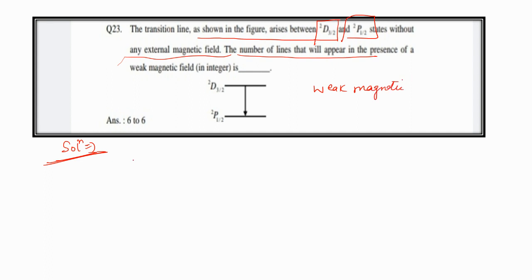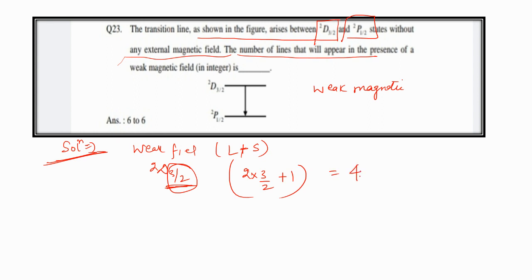Yes, yes. The reason being, I'll tell you. So see, yes, because in weak magnetic field, LS coupling won't break. LS coupling will remain the same. Only J will split. Like 2D 3 by 2, this is J, na? So it will split into 2 into 3 by 2 plus 1, four values, right?